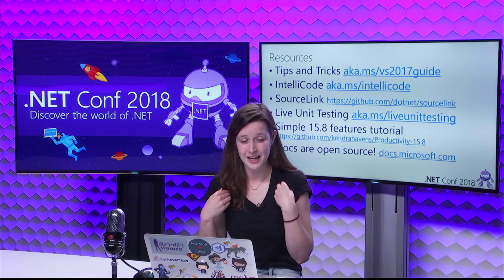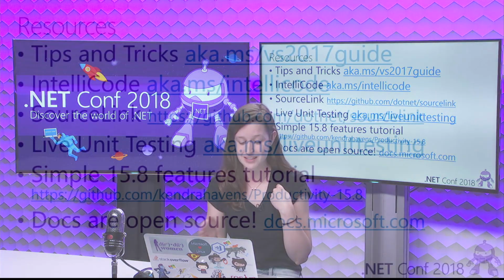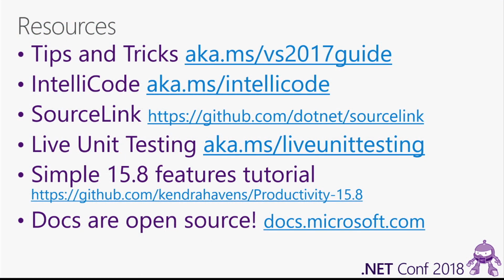That's in my repository on GitHub, KinderHaven/productivity-15.8, so you can download that and check it out. You just go straight through the file and enable all of the refactorings that I explain how to do in the comments on all of the methods.